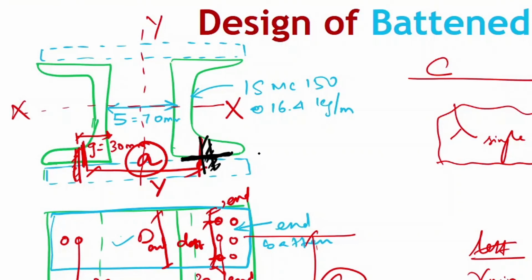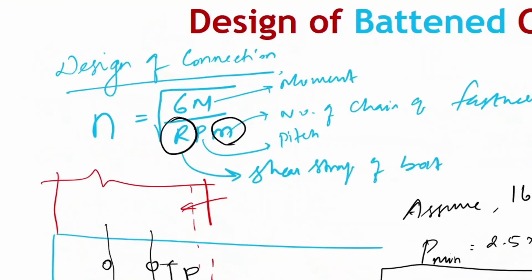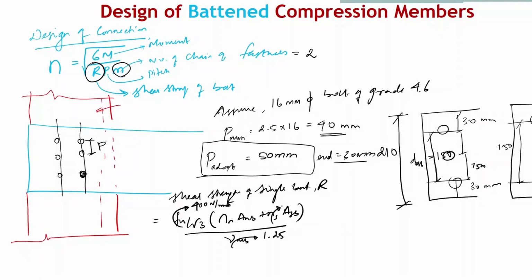In that shear failure plane, we'll assume only the threaded portion exists. So Nn is 1 and there is no shank portion in the shear failure plane, Ns is 0. If I put Ns as 0, this whole term will become 0, so I have only this term.